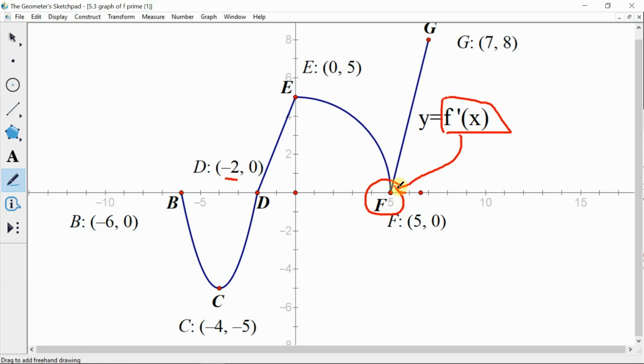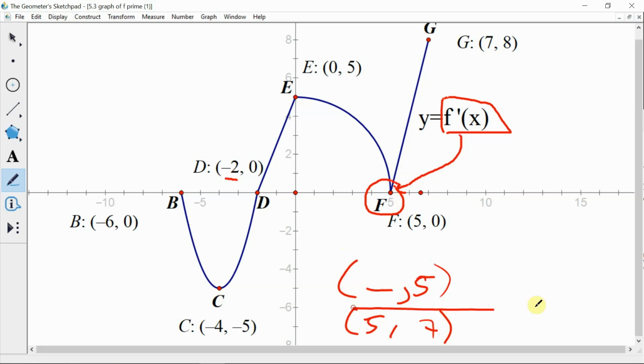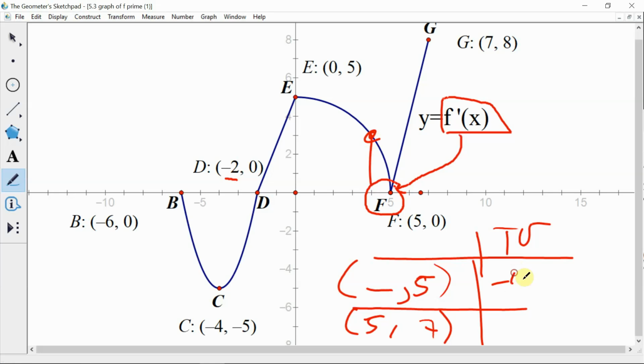Horizontal tangent. Again, not necessarily, because do you notice here, when we think about the table that we would make, so if 5 is a critical number, and I look at the interval before it, and then I look at the interval after it. I don't want to put that number there because I don't want to give it away yet. But I think about a test value, and I pick a test value of like -4. So thinking in here, wouldn't we say what f prime is doing at the test value? And don't think slope.